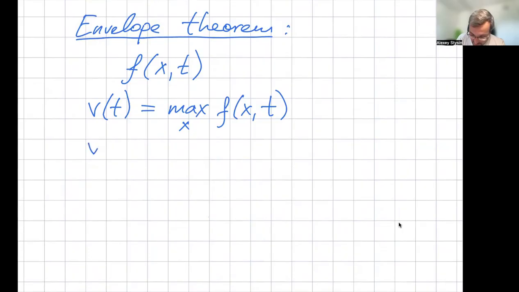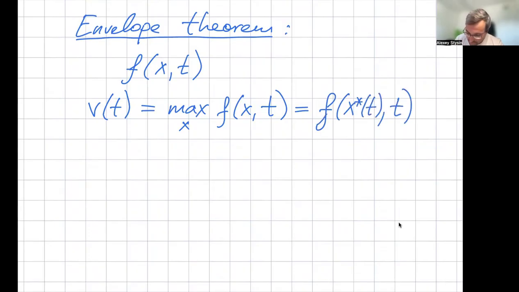So yeah, when we executed this optimization with respect to x, we found the x star, and this is going to be f of x star of t and t.